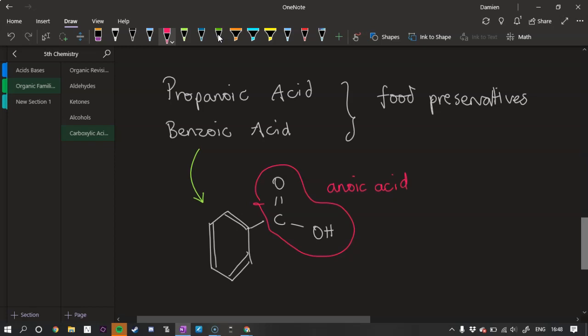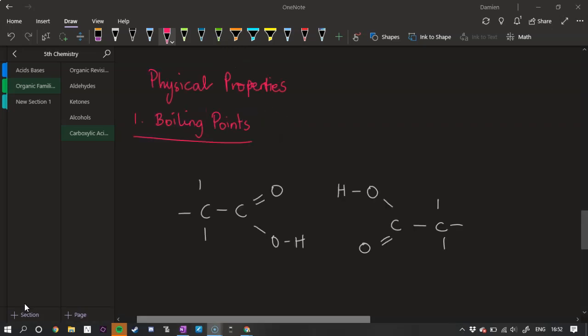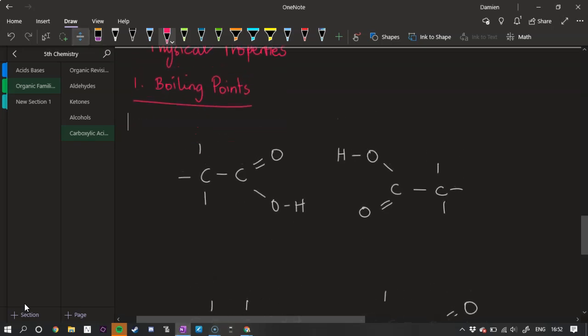Okay, we've got to look at some physical properties of carboxylic acids next. I'll draw out a couple of things here and I'll be back to you in a second. Okay, so we've got some molecules drawn here. The first physical property we're going to look at is boiling points, as normal. What we have is two ethanoic acid molecules.